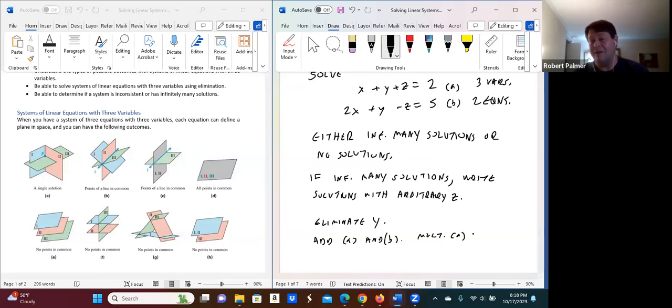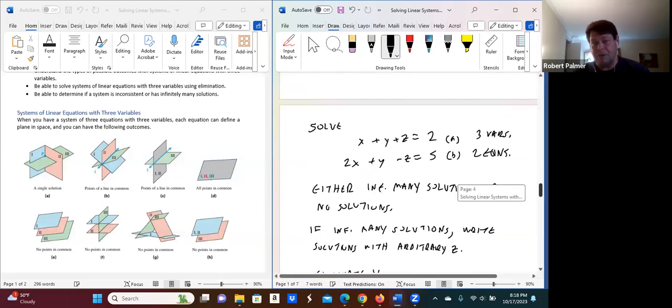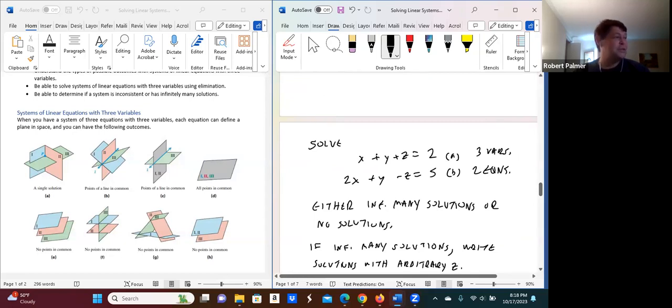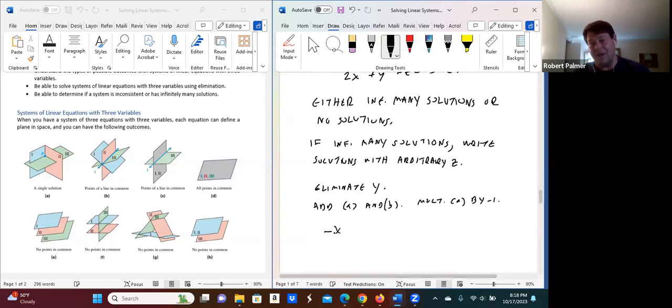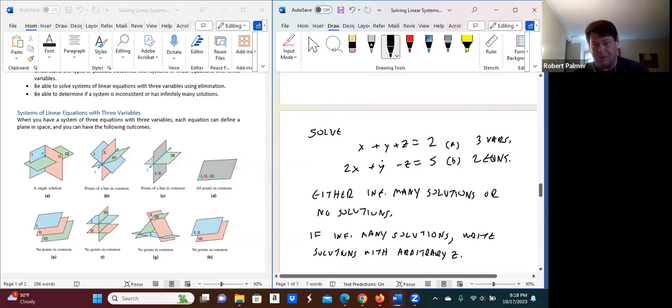So that's going to be negative x minus y minus z is equal to negative 2, just negating everything here.